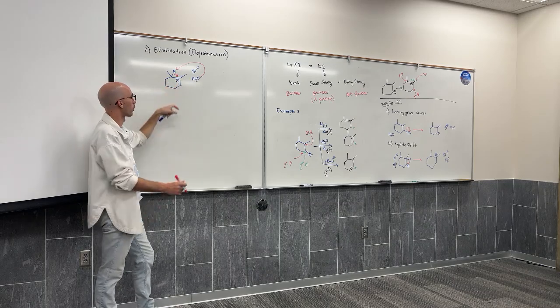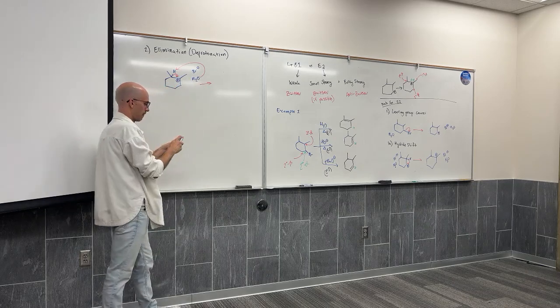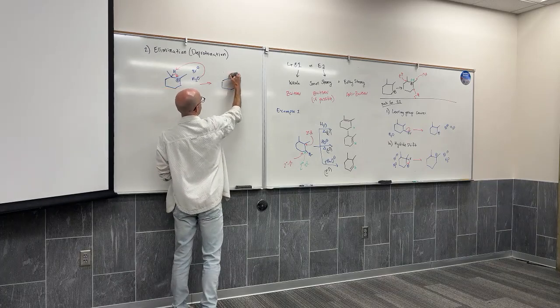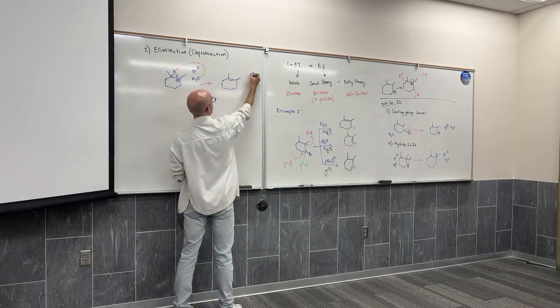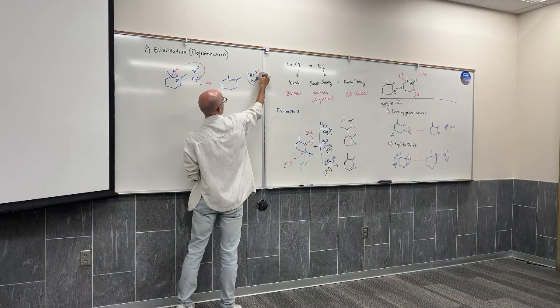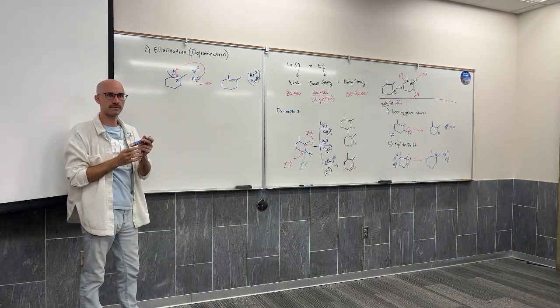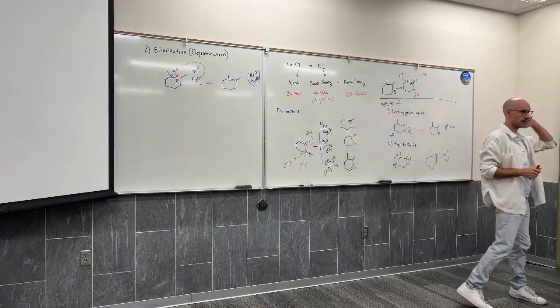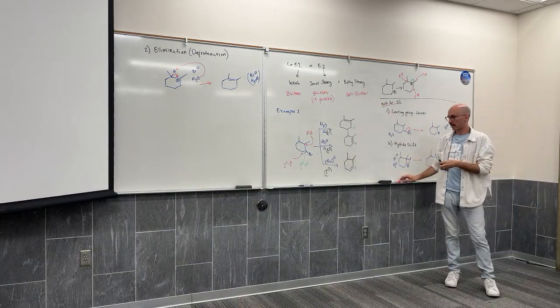A carbon-carbon double bond forms. Plus, I get Br minus and H3O plus as byproducts. 1,2-dimethylcyclohexene is formed. Do you have questions on that mechanism?